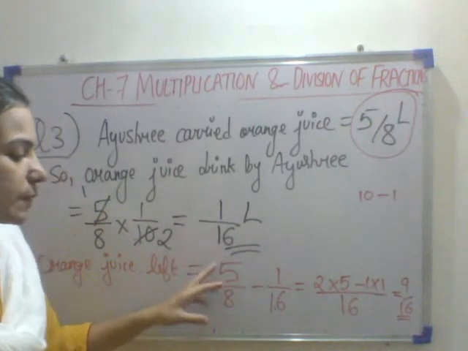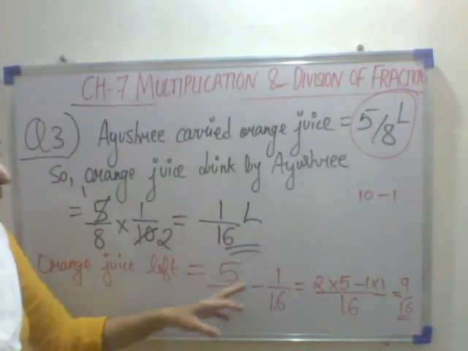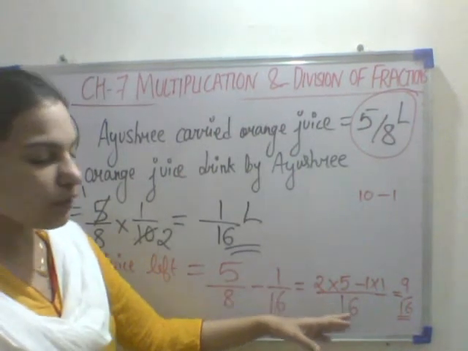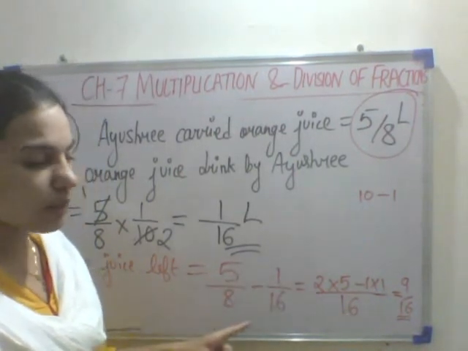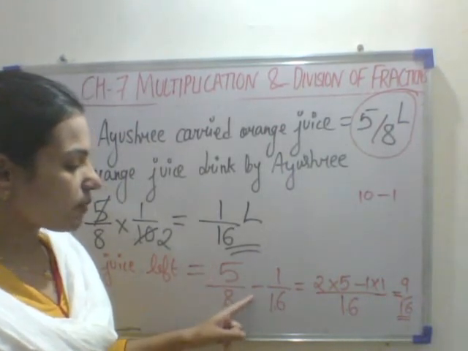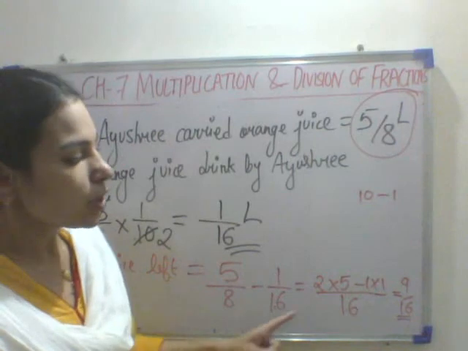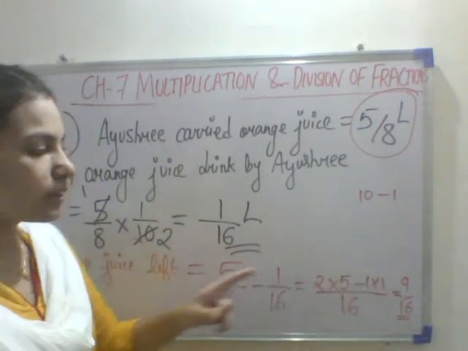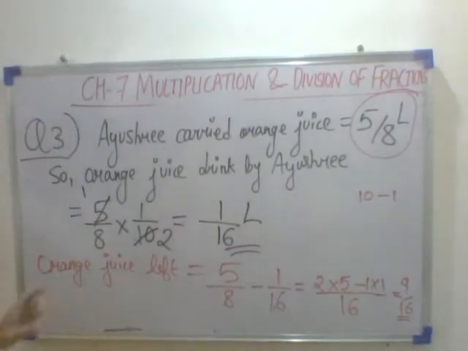So you will be subtracting 1/16 from 5/8. The subtraction of fractions, we have studied in the previous chapter. If you subtract 1/16 from 5/8, you will get 9/16. So 9/16 liter of orange juice is left.